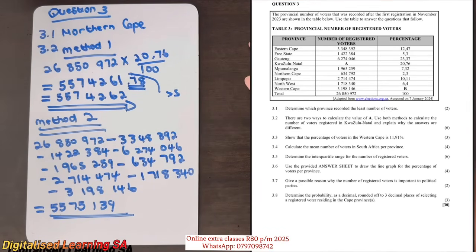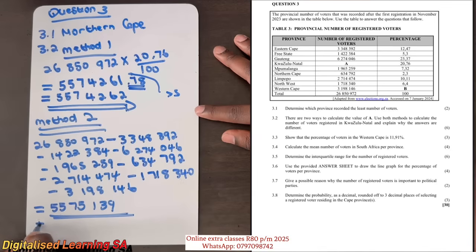Before we move forward, the question also says to explain why the answers are different. They are different because of decimals in percentages.